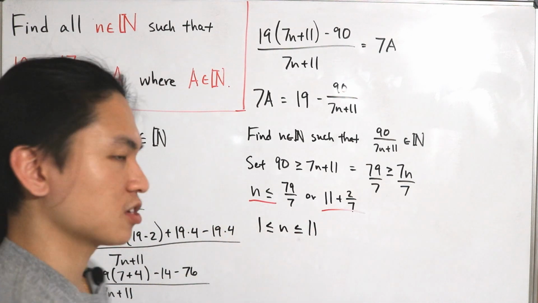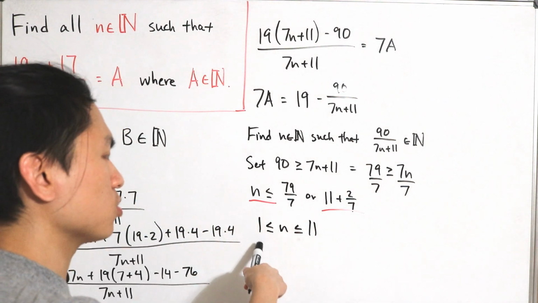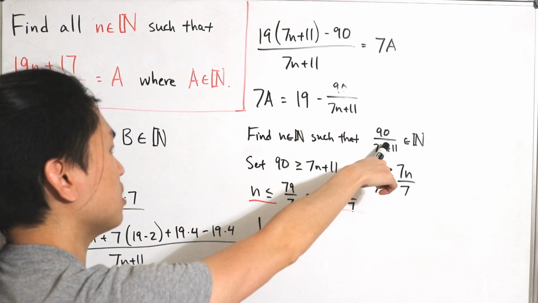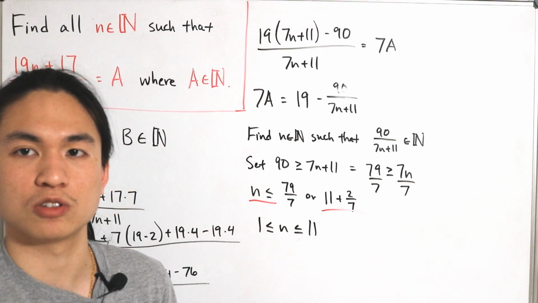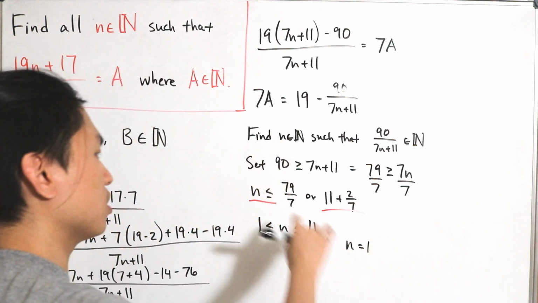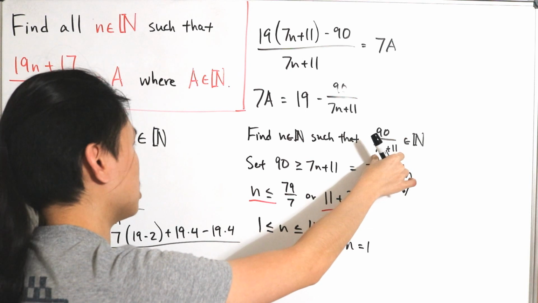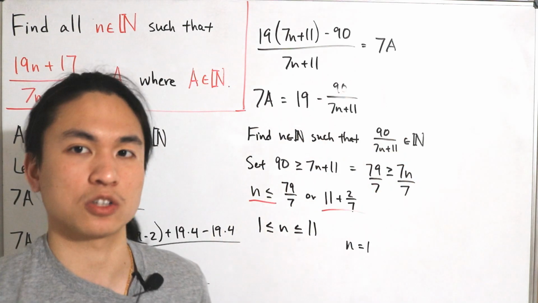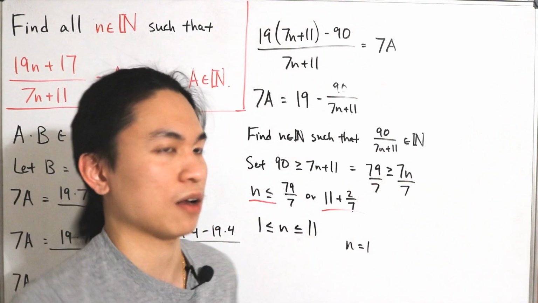All right, and so now the last thing basically is you can actually just plug in all natural numbers 1 through 11 into this equation over here to see if it yields a natural number. Not surprisingly, the only solution to this is n equal to 1. If you plug in the other natural numbers, this expression is just going to yield a rational number. Hence, a natural number minus a rational number is going to yield a rational number for this expression over here, which is not what we're trying to do.